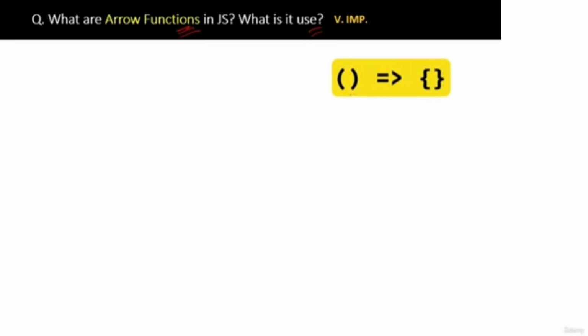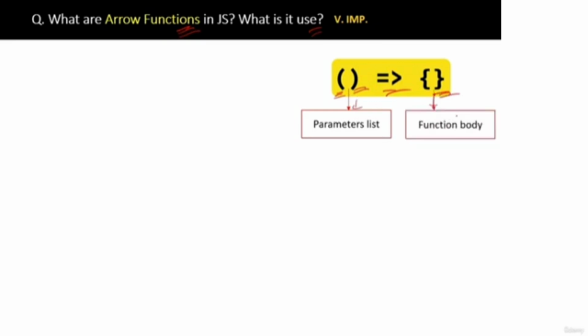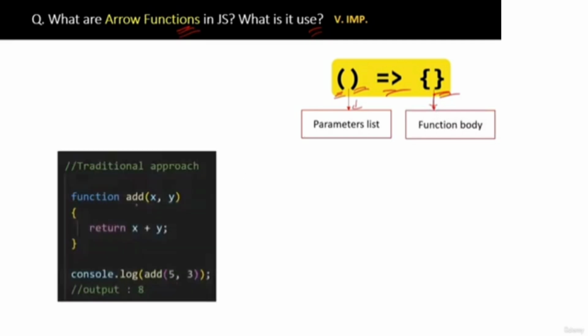Similarly, in arrow functions, we have round brackets, an arrow operator, and curly braces. So inside the round brackets, we put the parameter list, and inside the curly braces, we put the function body. So simple, right? For example, suppose we have normal function code where we have an add function like this. And then we call the function add like this by passing the parameters.